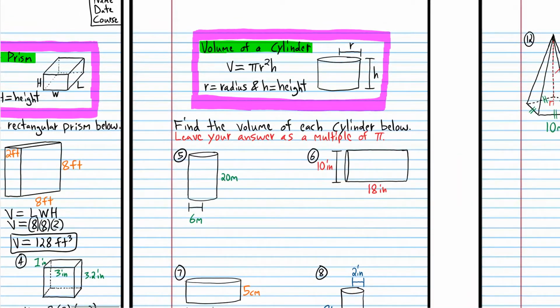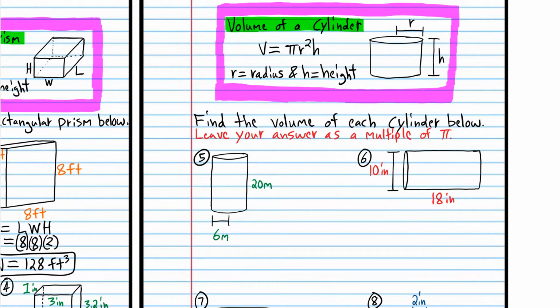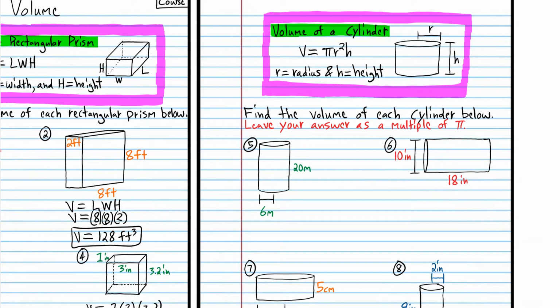To find the volume of a cylinder, it's pi r squared times the height. So you find the area of the base, the top, or you can do the bottom, and then you multiply by this height. So let's do the first problem here. I'm going to write that formula down, pi r squared h, and pi is just a constant.